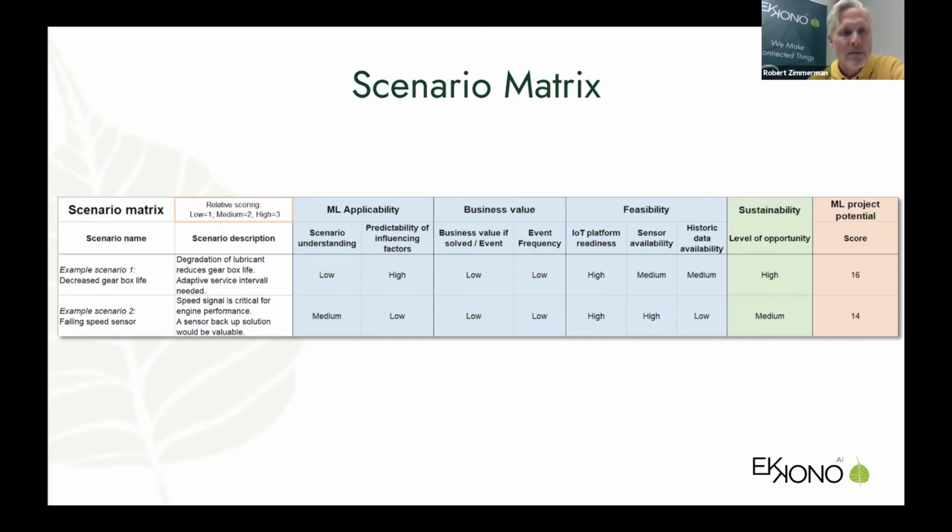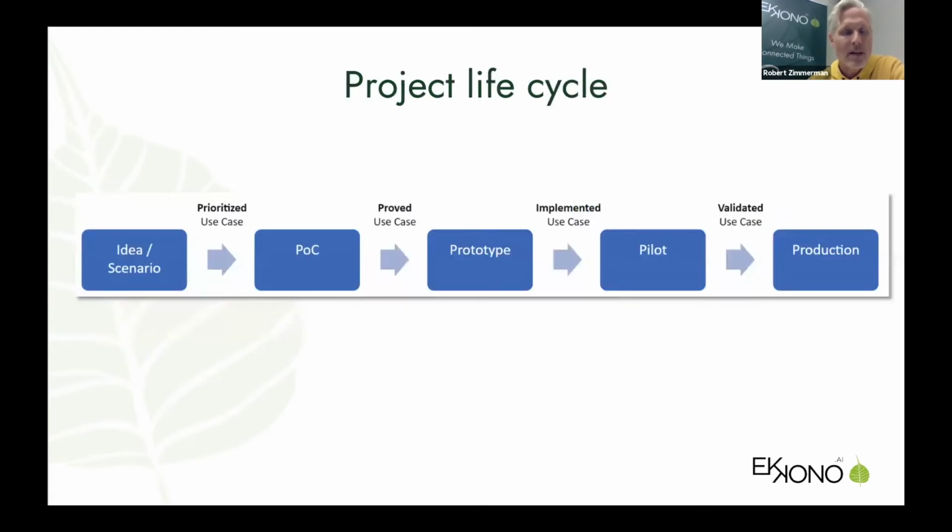Yeah, so when moving over to the project life cycle, we have talked about the idea scenario step. And when you have found the use case that you want to continue to work with, then it's time to really nail down the business success criteria that you will use during the whole project life cycle.